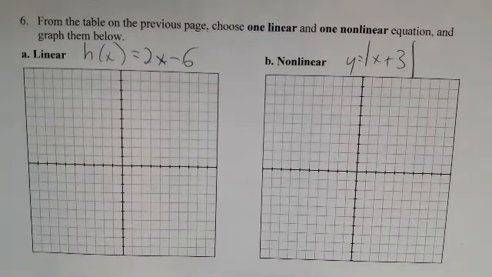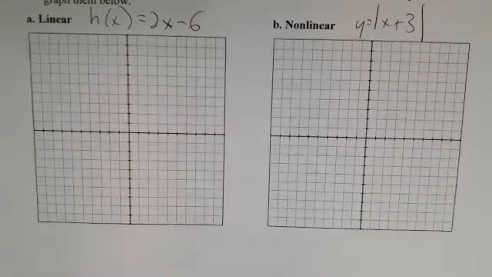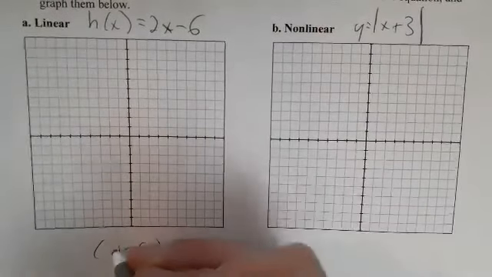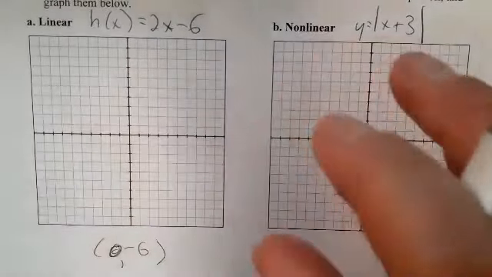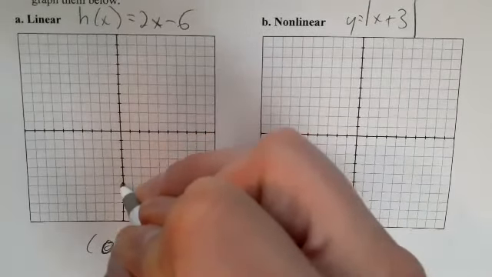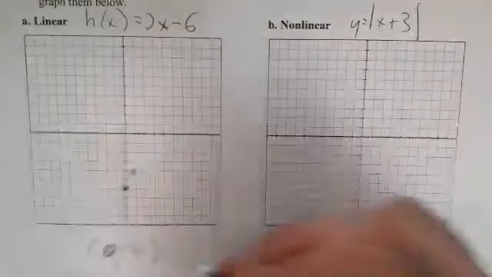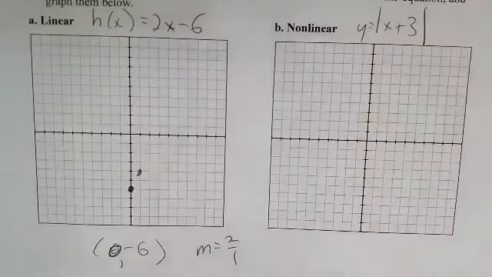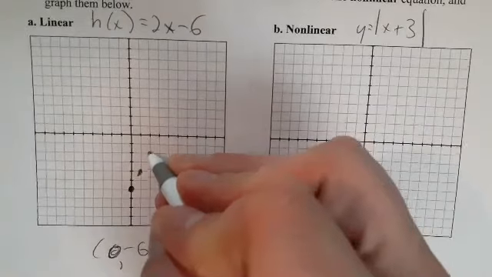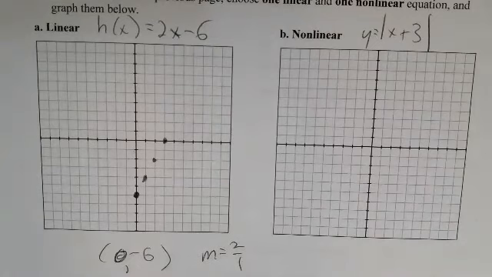If we want to graph the linear, this is what they're talking about. We know how to graph linear things. We go to our y-intercept. The slope is 2, or 2 over 1. I can go up 2 over 1, probably just enough to get my x-intercept on there.